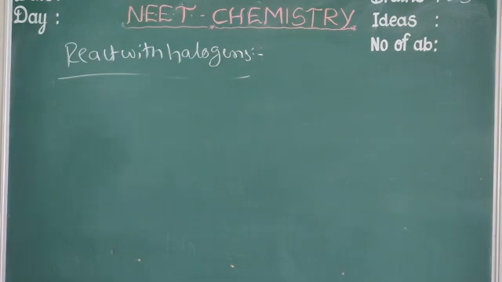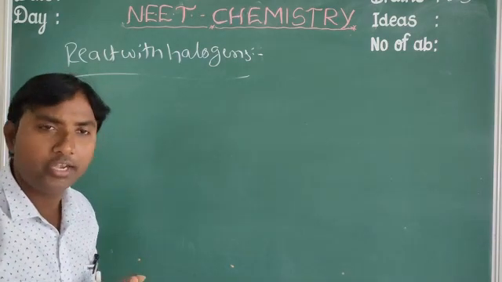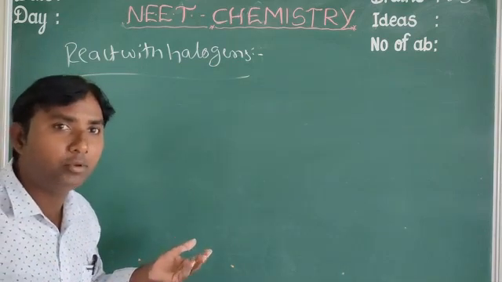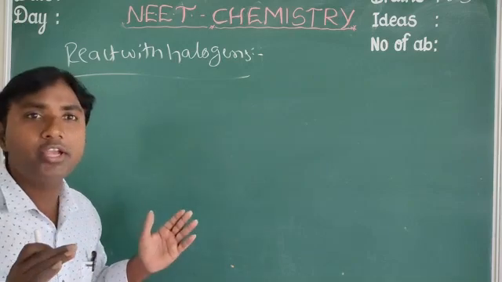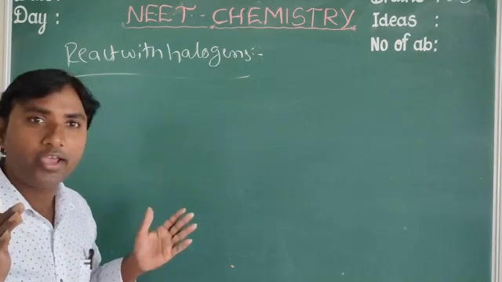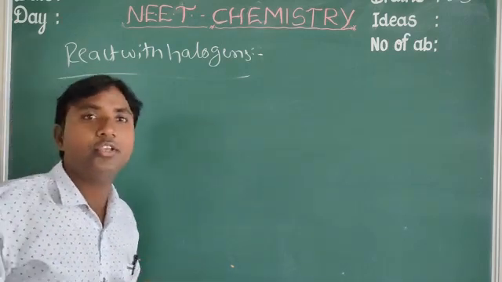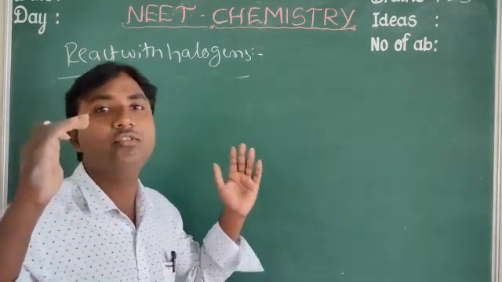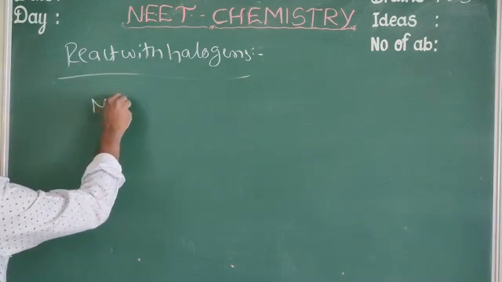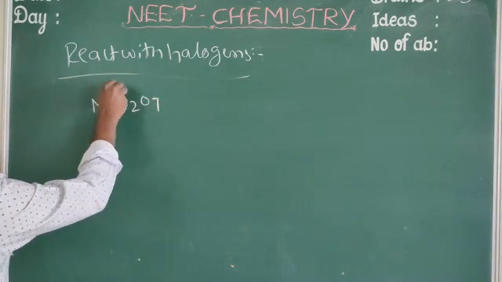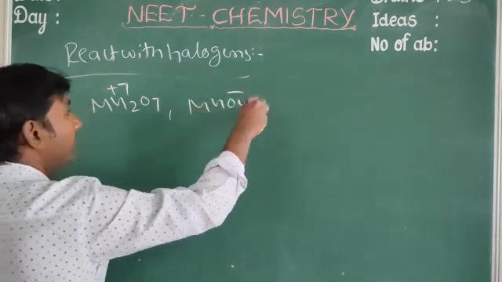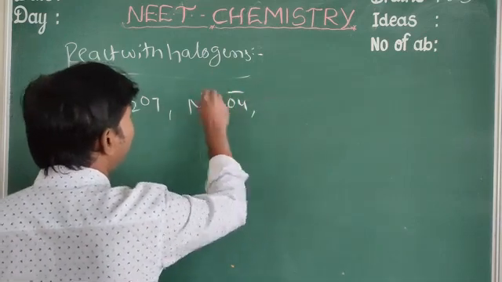Right. Next, with oxygen. After fluorine in the periodic table, oxygen is the most electronegative element. That's why with oxygen also, transition elements show higher oxidation state compounds. For example, Mn2O7 is +7 oxidation state, MnO4- is also +7.